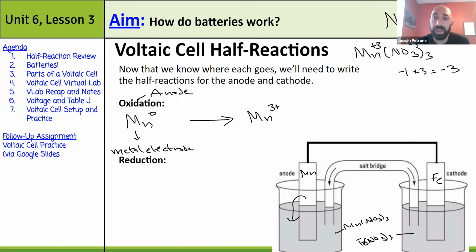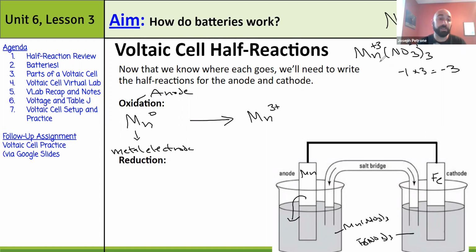Just a note, manganese, being one of the transition metals, has a lot of potential oxidation states. So it's not one of the clear-cut ones that have specific rules. That's something to keep in mind. Oftentimes in these voltaic cell setups, we're using transition metals, and so the charges are going to vary.